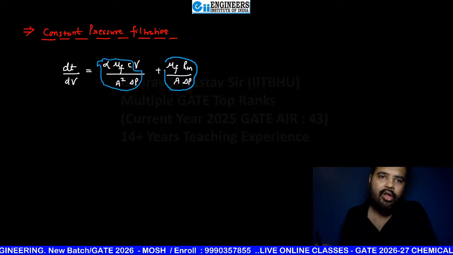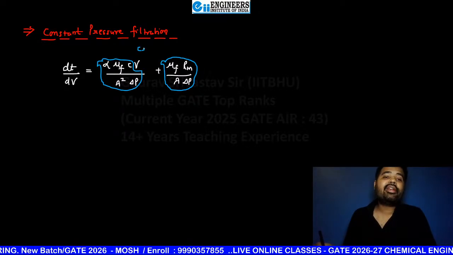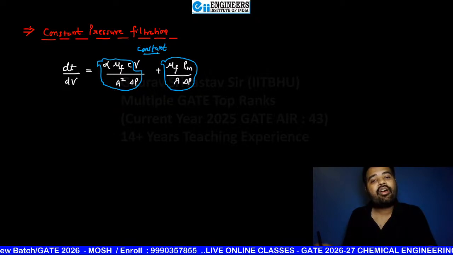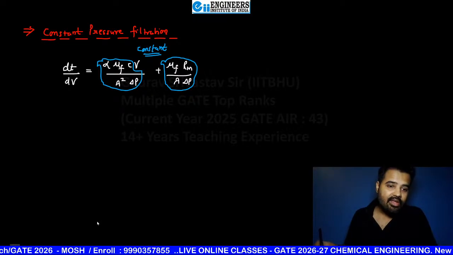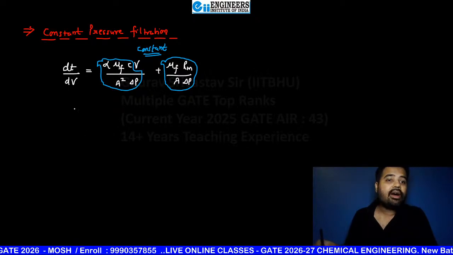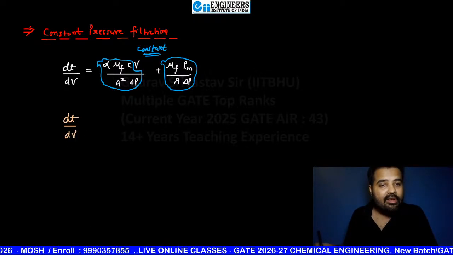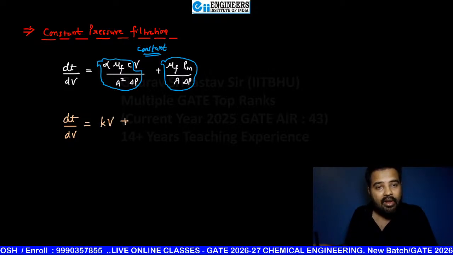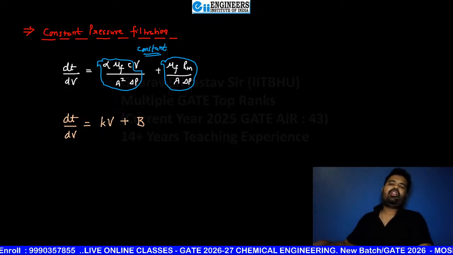These both terms are constant now. That means we can write this equation again as dt by dv is equals to Kv plus b. Sorry, you're not writing c because c we already used now.